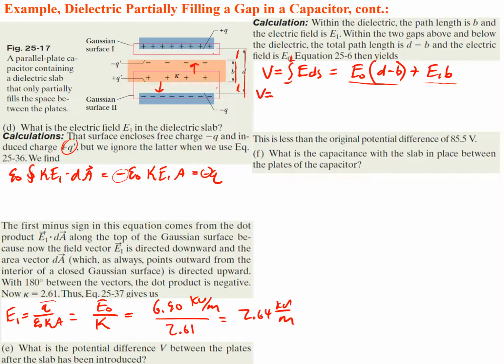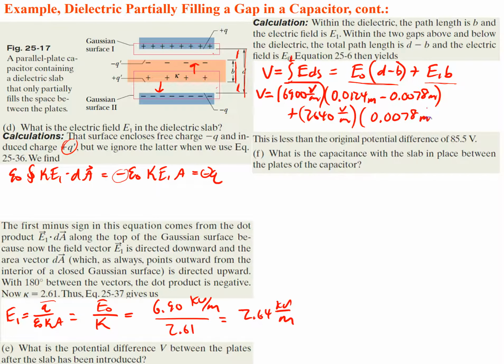Okay? So plugging all of this in. So we get 9,600 volts per meter times our distances, so 0.124 meters minus 0.0078 meters plus the electric field inside the slab, which is 2640 volts per meter times 0.0078 meters.